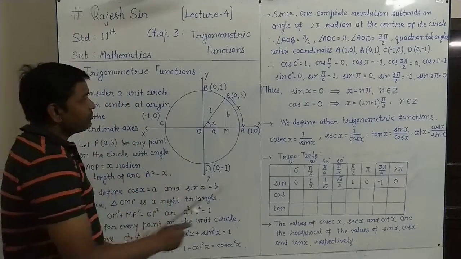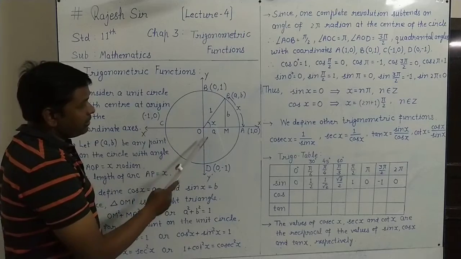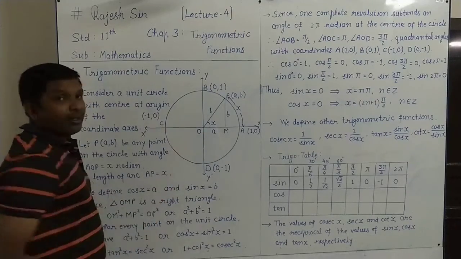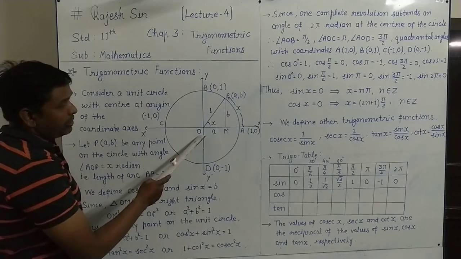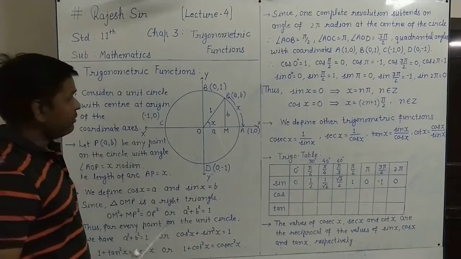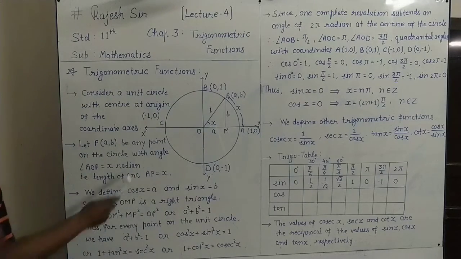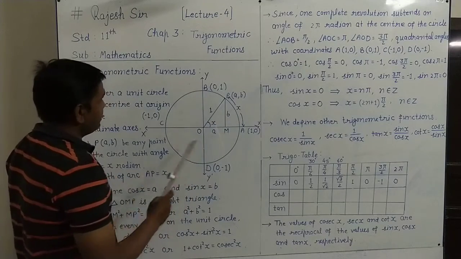That we have drawn here, and as we have drawn it, its center comes on the origin of the Cartesian plane, x-axis and y-axis. You know the origin is here, and that is the center of the unit circle we have taken. So this way the unit circle is drawn with the x-axis, y-axis.